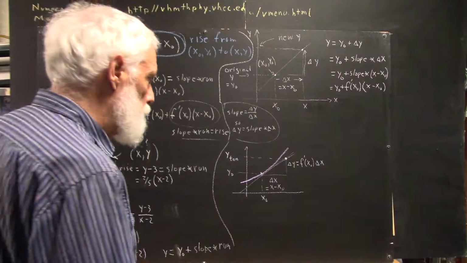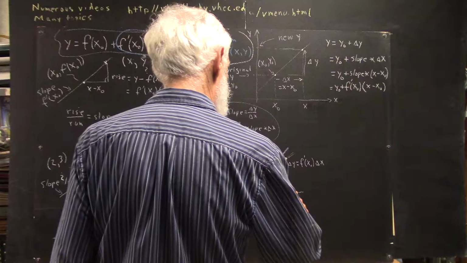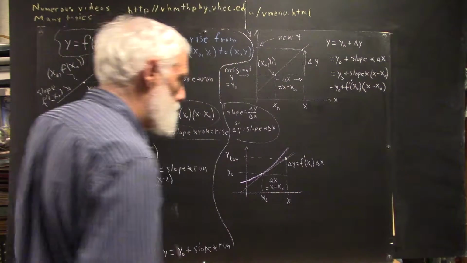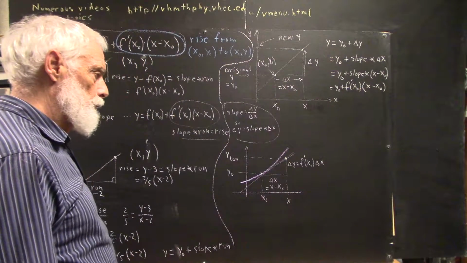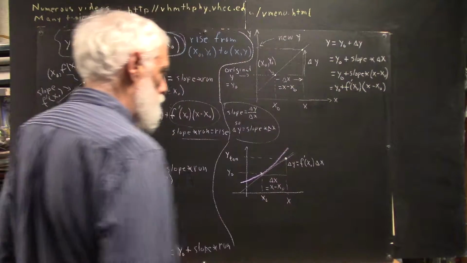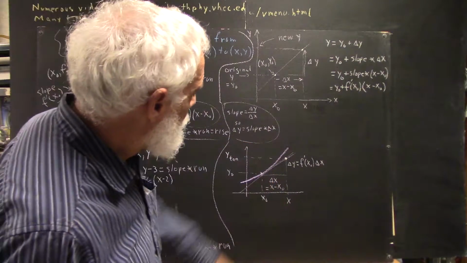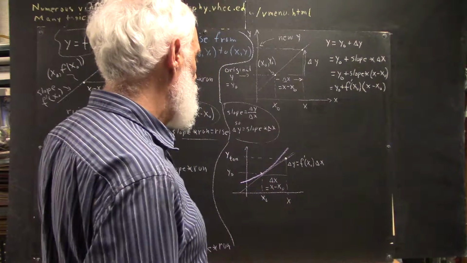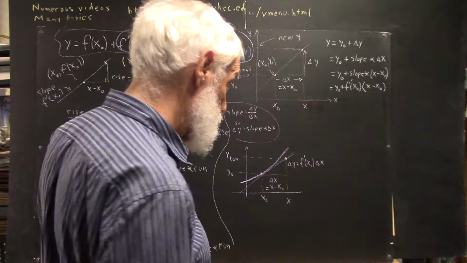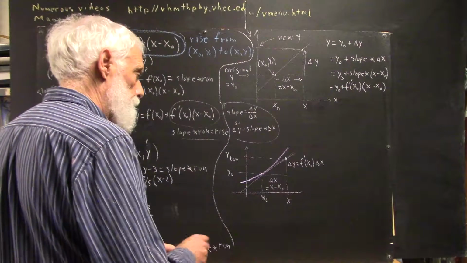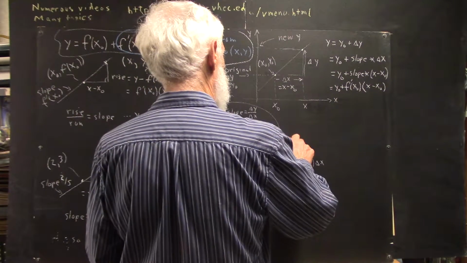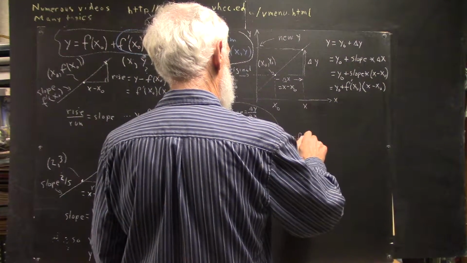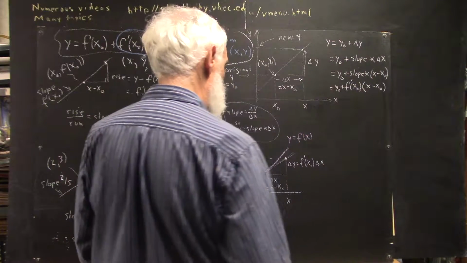Okay, so here's our x, of course. Okay, so here's our value of x. Where's the actual value of y equals f of x? So here's our function, y equals f of x.